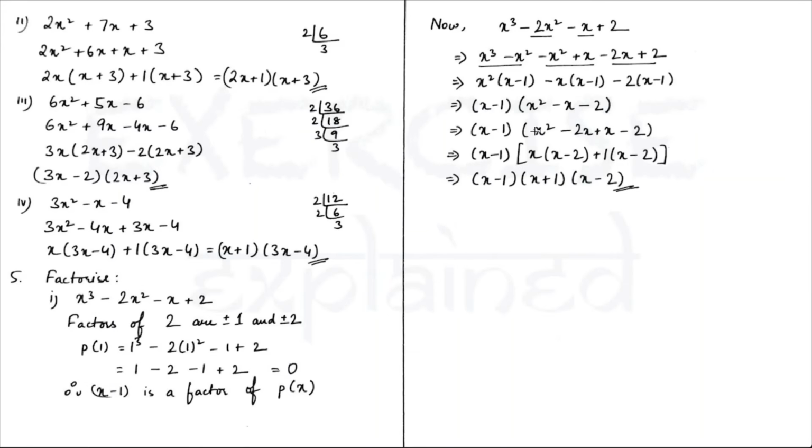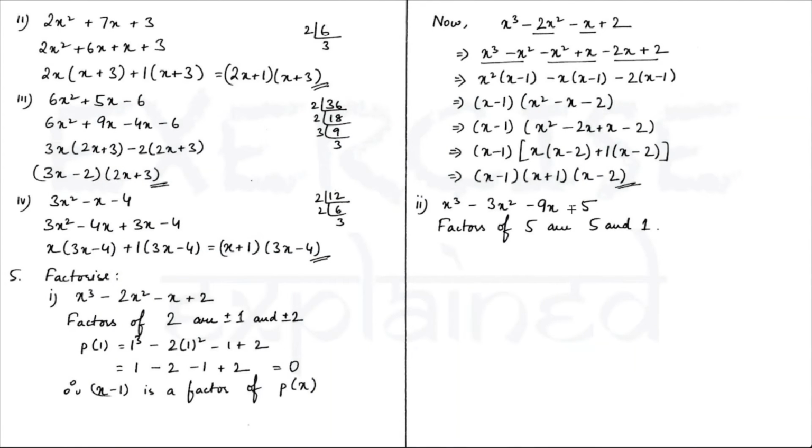Out of the first two terms I take x common, and what we have is x minus 2, plus in the other two terms we already have x minus 2, so I take it as plus 1, and what I have is x minus 2. So here you can see I can write x plus 1 into x minus 2. So what we have got is x minus 1, x plus 1, x minus 2. That's going to be our answer.